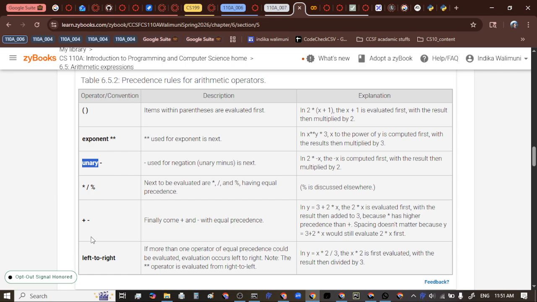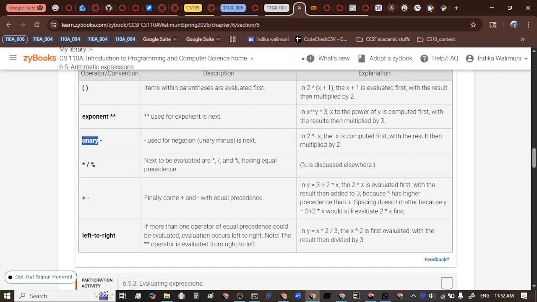If we have all of these in a single expression, we execute in this order. It's really important.